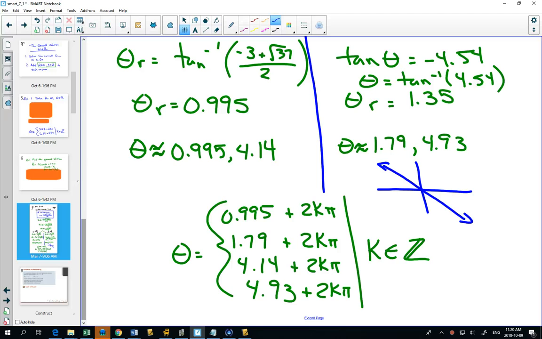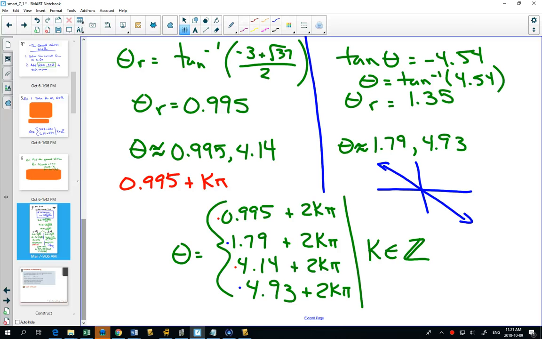Yeah, and generally with the multiple choice and knowing the plus k pi, I could have combined this one and this one together, and I could have combined this one and this one together. Chances are in a multiple choice, they would only do it with values from your pi plate, so it's easier to see. I would write 0.995 plus k pi. Because halfway around, if you add 3.14 to this, you will get 4.14.